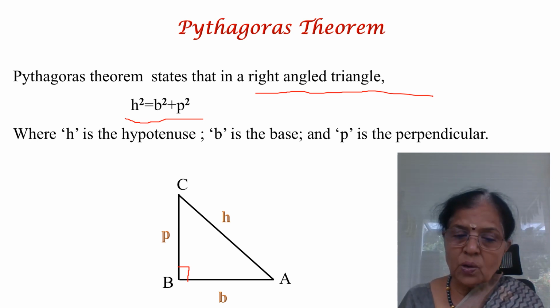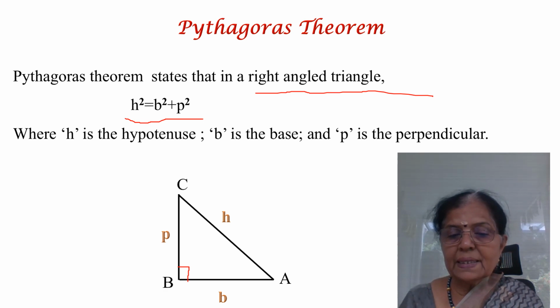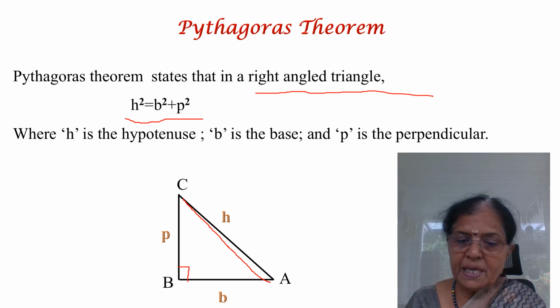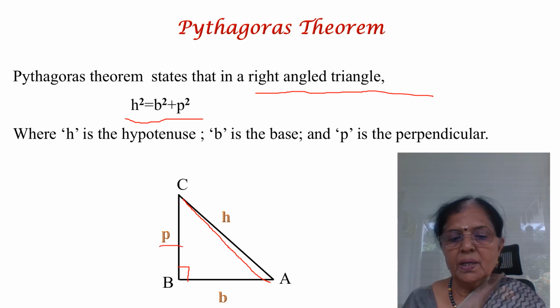And the side opposite to the right angle is the hypotenuse. So this is the hypotenuse, AC. In a triangle ABC, AC is the hypotenuse, and this side, AB, is the base, B. And BC is the perpendicular line.